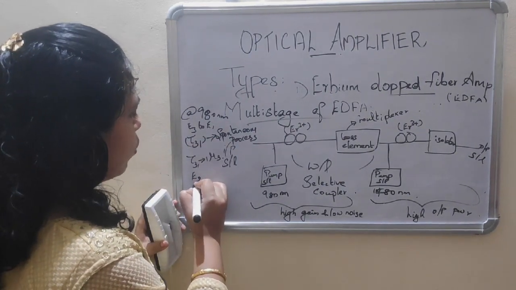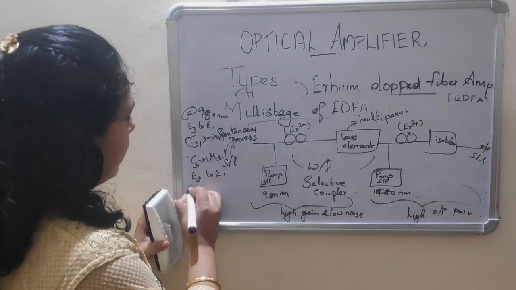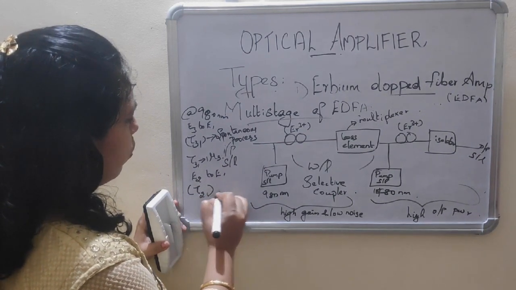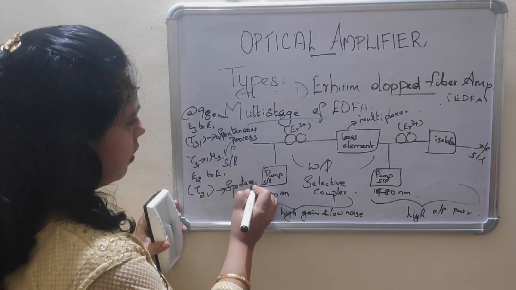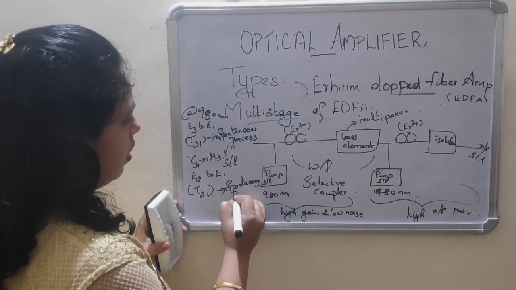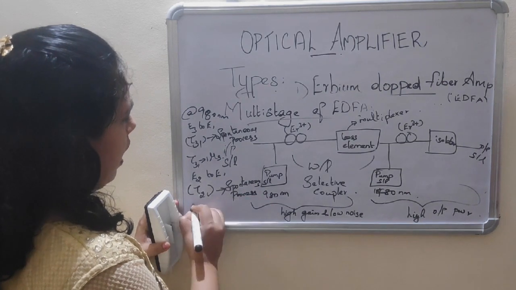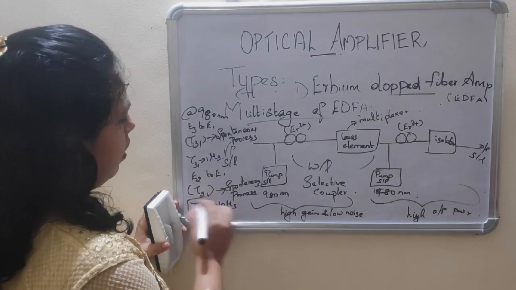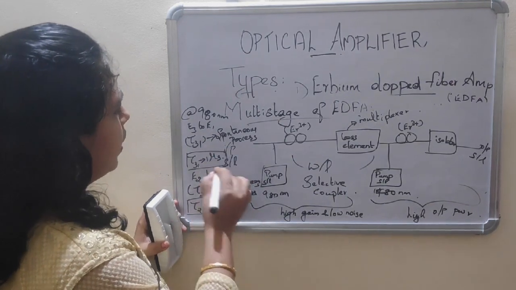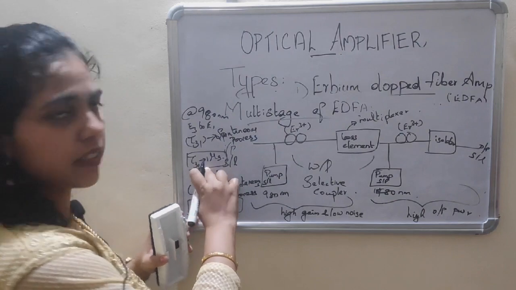Another one is E2 to E1, denoted by tau 21. This is also done by a spontaneous process, and it has the value of 10 microseconds, which is larger than tau 31.